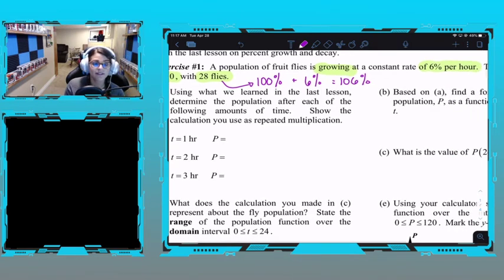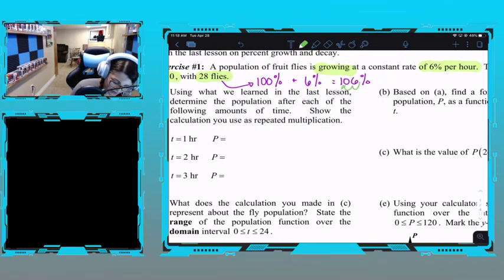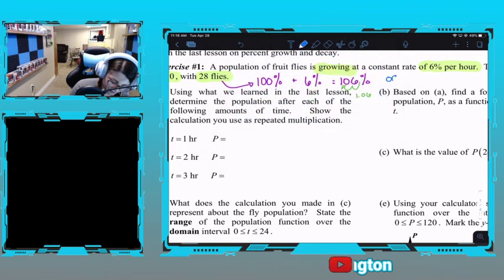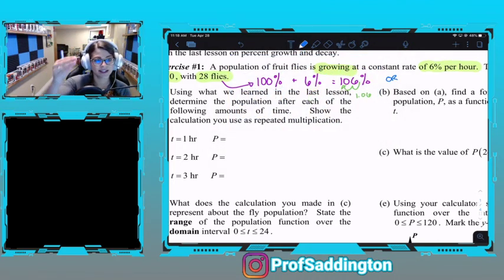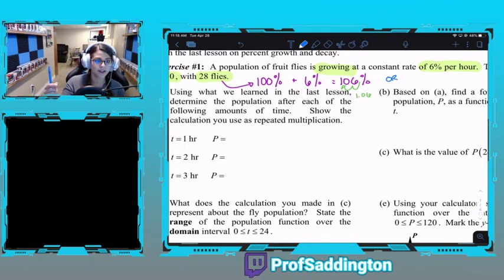If I wanted to physically calculate after the first hour, I would move the decimal over twice to get 1.06. The other way you might see in your homework tonight is that sometimes, instead of going from percent to decimal, you can just go to decimal and then combine them.